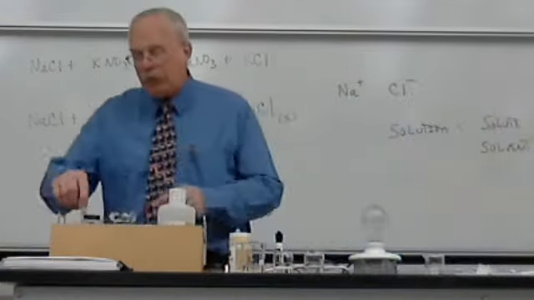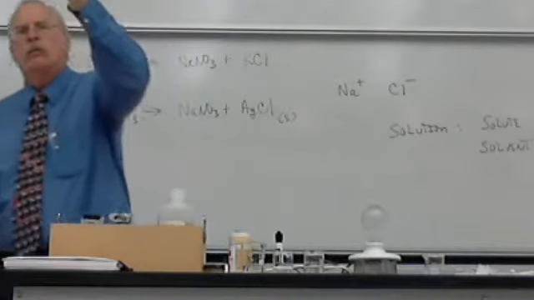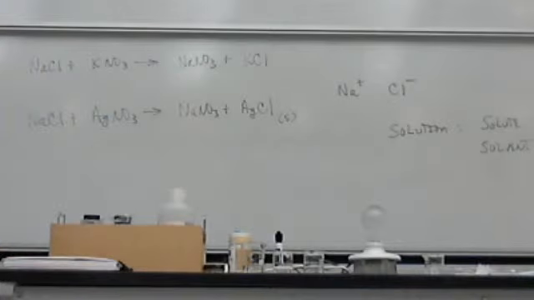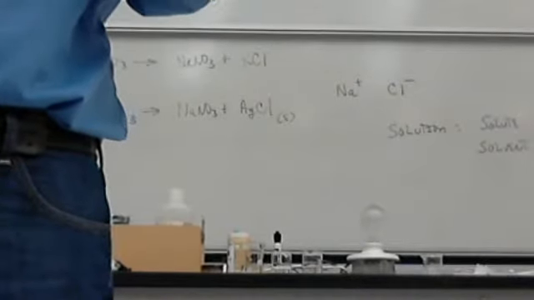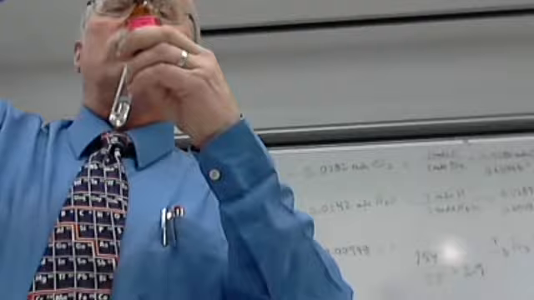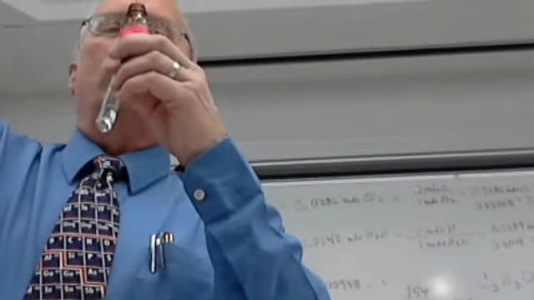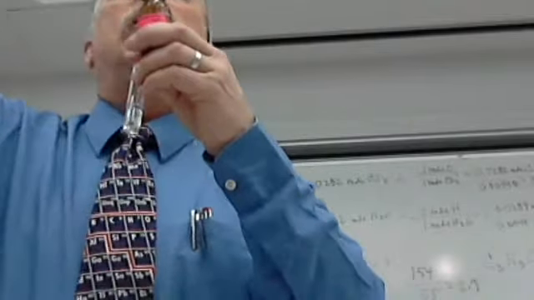So if I take a tube of sodium chloride again, ordinary table salt, and a bottle of silver nitrate, both of these look the same. They look like water solutions. This dropper's a little discolored, but I'll drop a few drops. You can see that they just look like water in the solution.